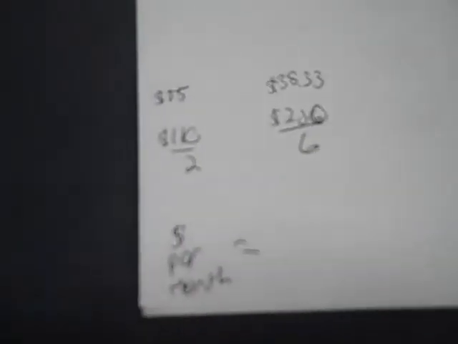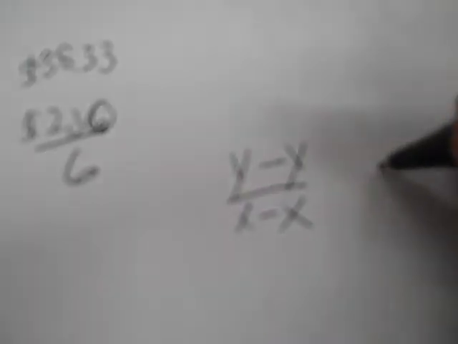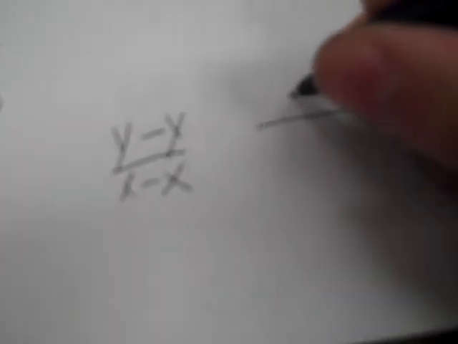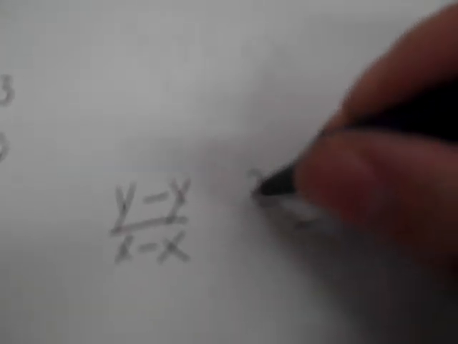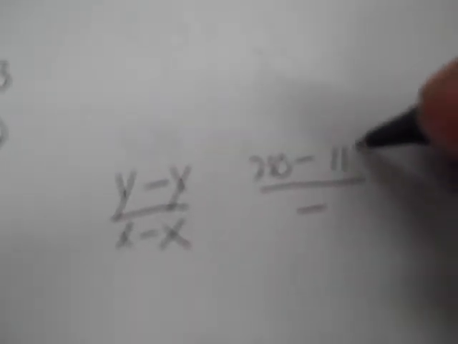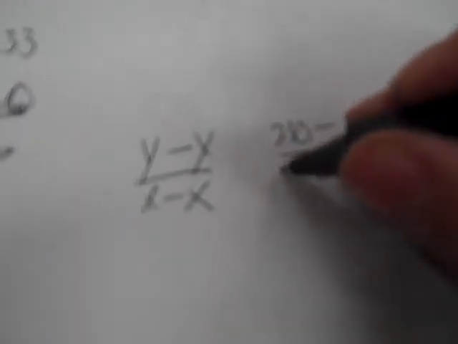So to compensate for that, I take y minus y divided by x minus x. So money is y, okay? If you don't know which one's y, it's the top one. So we're going to take 230 minus 110. And then for 230, that was for 6 months.